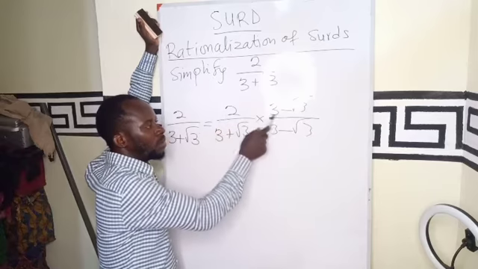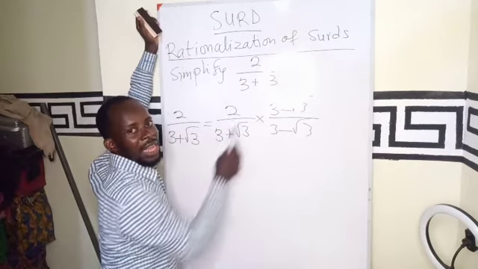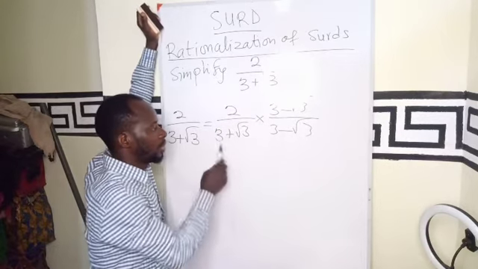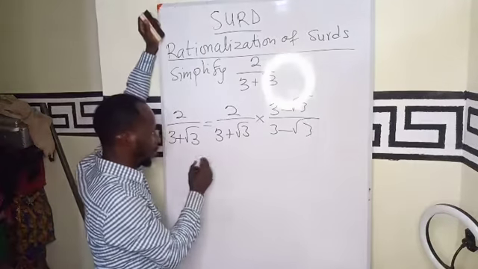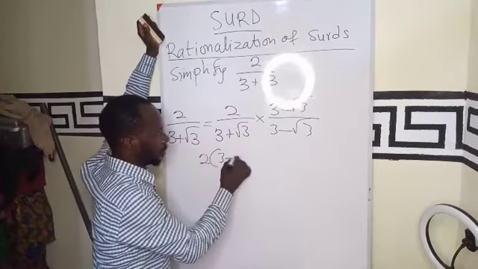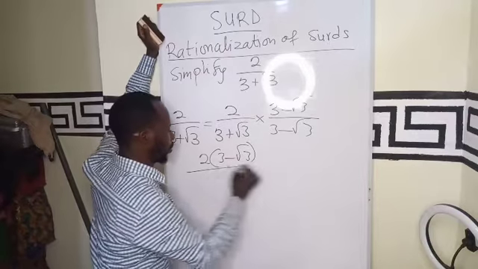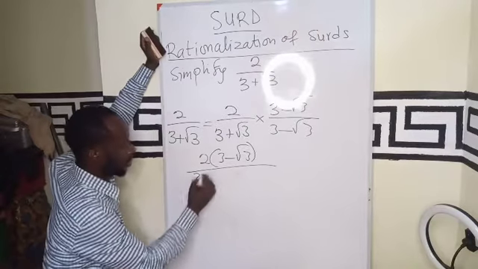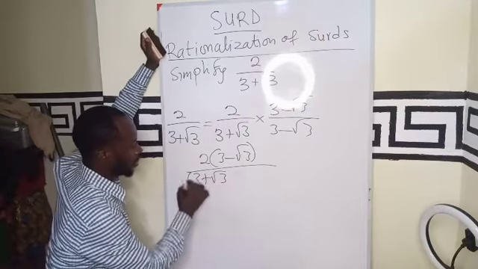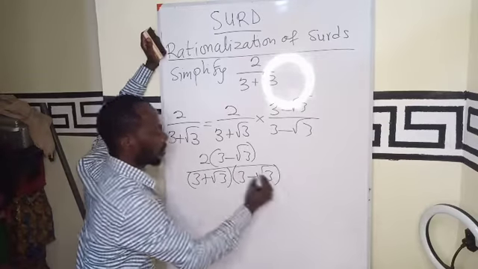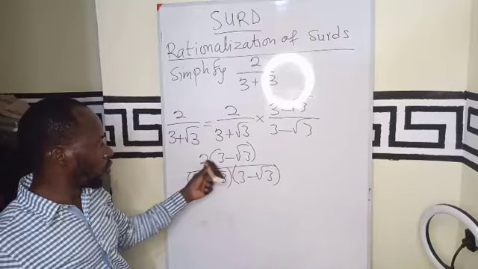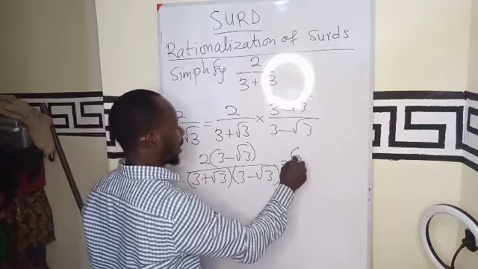So the 2 is going to multiply both the 3 and the minus root 3. Then we have 3 plus root 3. So now when you use 2 to multiply this, we have 6.